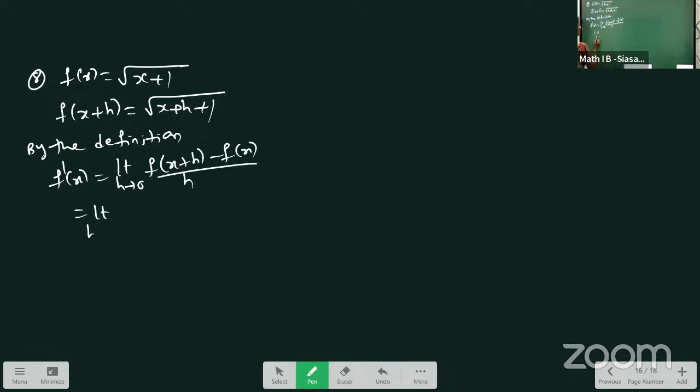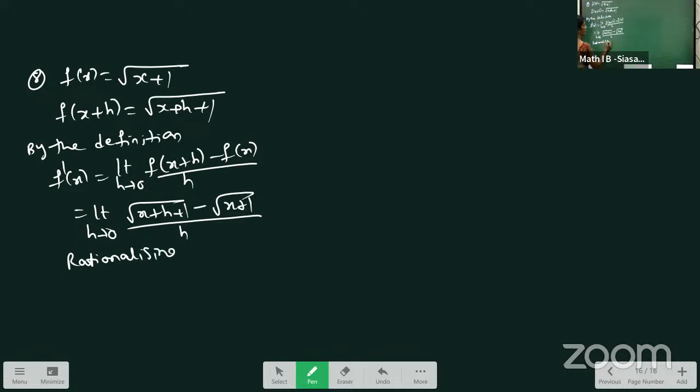Substitute: limit h tends to 0, f of x plus h is under root of x plus h plus 1, minus f of x which is under root of x plus 1, by h. Now rationalizing. Next what? Rationalizing the numerator.